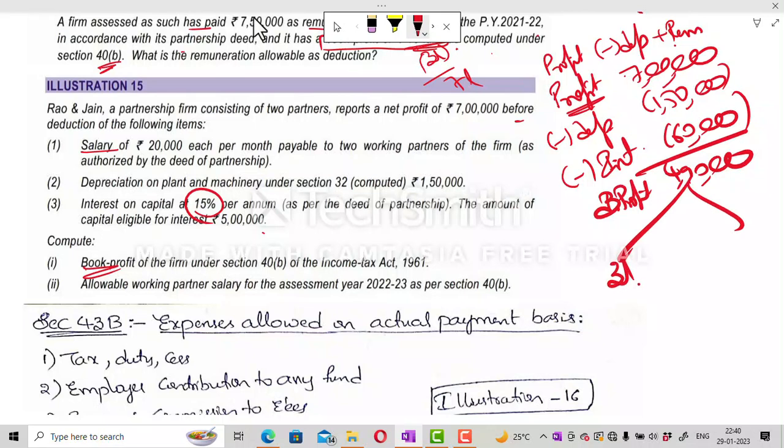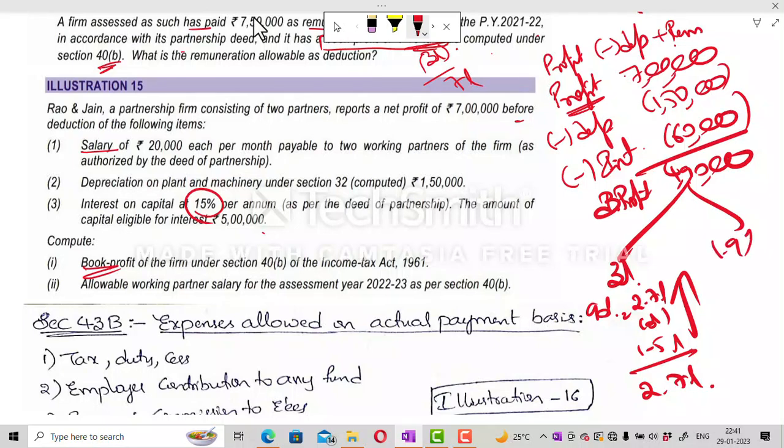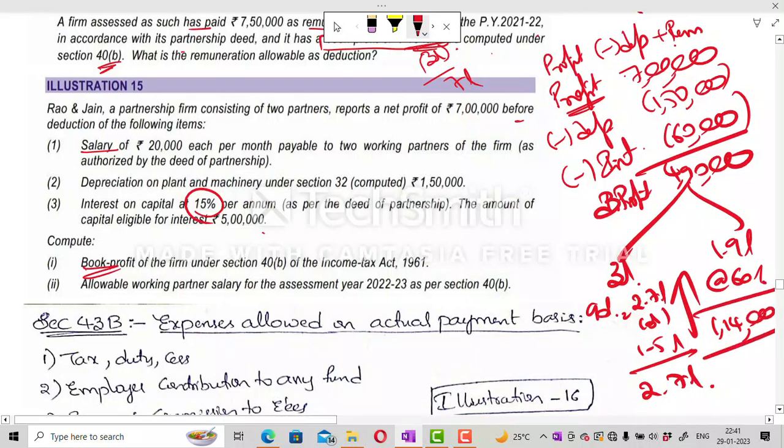On this, first 3 lakhs, 90%, that is 2.7 lakhs or 1.5 lakhs, whichever is higher, so 2.7 lakhs. And balance book profit, 4,90,000 minus 3 lakhs, on 1.9 lakhs, 60%, 1,14,000. Add both of them, 3,84,000.